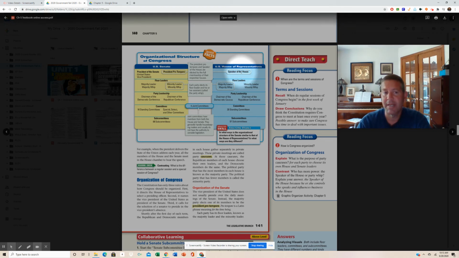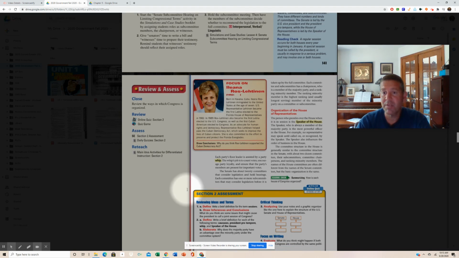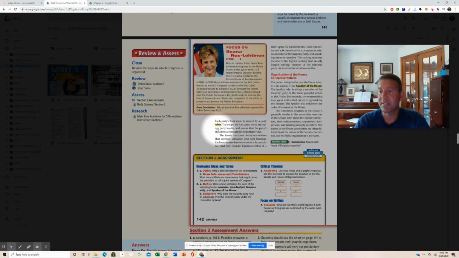There are some other interesting roles of leadership in the House and the Senate, and the coolest named one is the whip. And so there are both majority and minority whips in both the House and the Senate. And the whip's job, elected by the members of their own party, is to basically count votes.